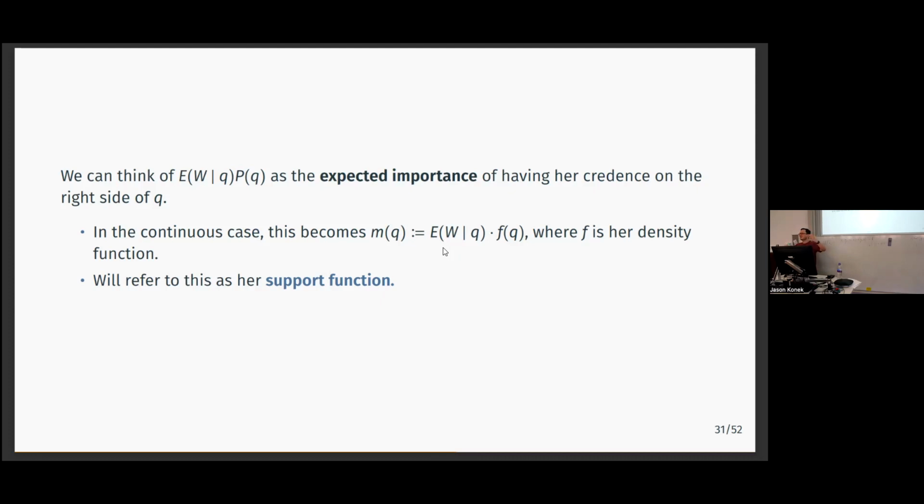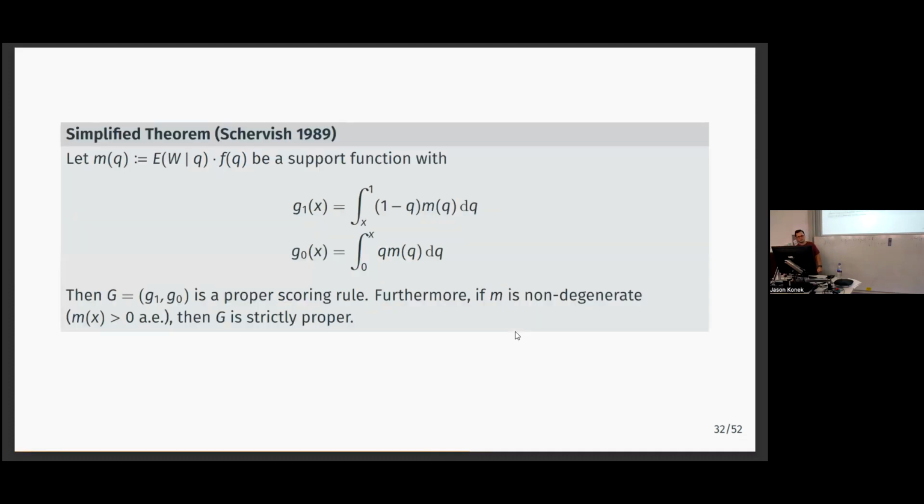So having my credence in rain on the right side of 0.99 doesn't really seem all that big of a deal. Okay, so what would happen then? Well, this is going to be the very simplified version of Schervish's theorem. This is basically all the scoring rules you might care about, so that you can integrate and everything.